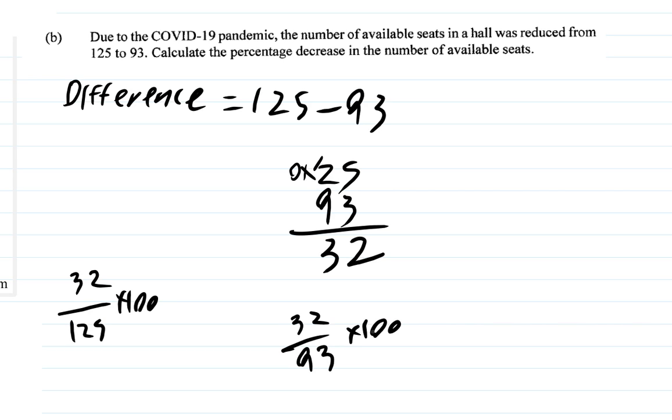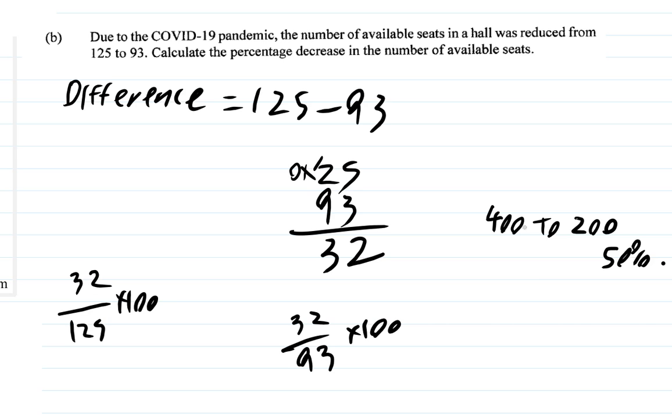Alright, let us see another case. Suppose the number was, say, 400 and it reduces to 200. What percentage did it reduce by? It reduced by 50%. This is a 50% reduction.